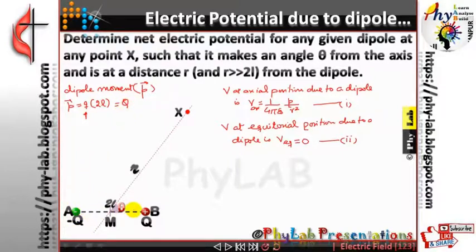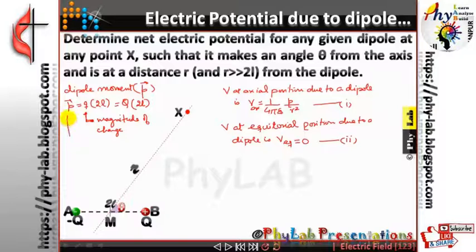And what is the distance between the two charges? The distance between the two charges happens to be 2L. Now this becomes the dipole moment. This is the magnitude of charges. Any charge, because dipole is formed by two equal and opposite charges, so magnitude of any charge will do.